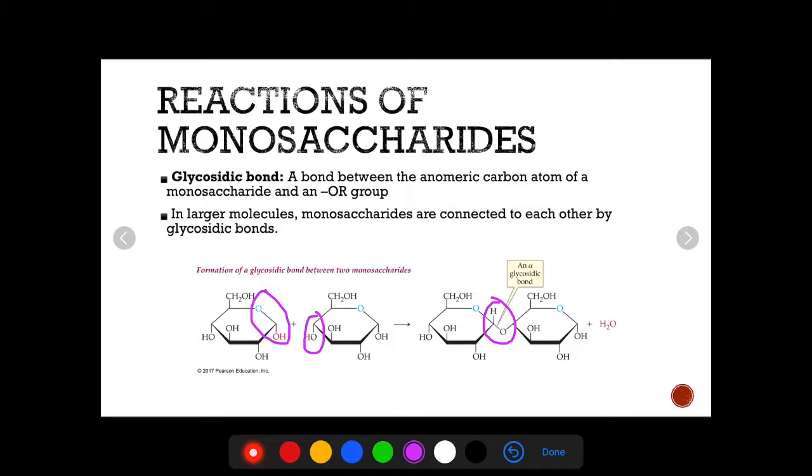So if the bond is pointing down, then it's considered an alpha. So if it's down, it's going to be an alpha glycosidic bond. If it's pointing up, then it'll be a beta glycosidic bond. So those are the 2 things that can happen there. We can either get the acetal, or we can form a disaccharide. And those monosaccharides are connected with the glycosidic bond.